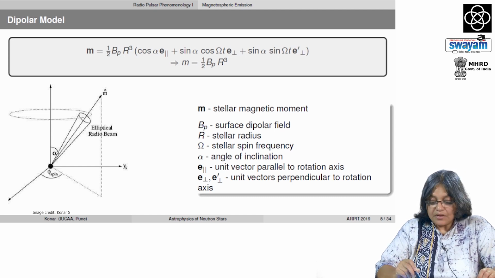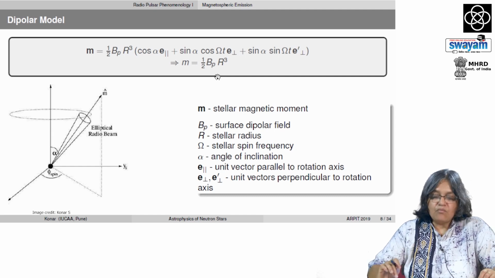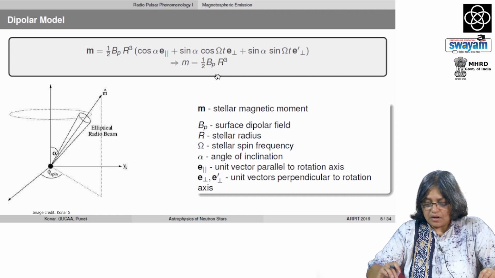To note here, B_p is the surface dipolar magnetic field and r is the stellar radius. So, this is the model that we are using to estimate the radiation from a neutron star.